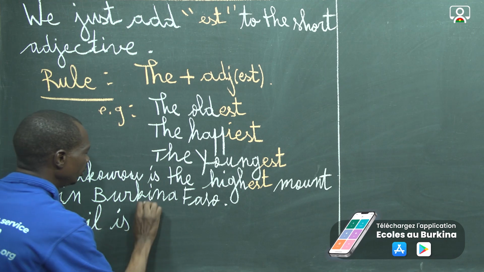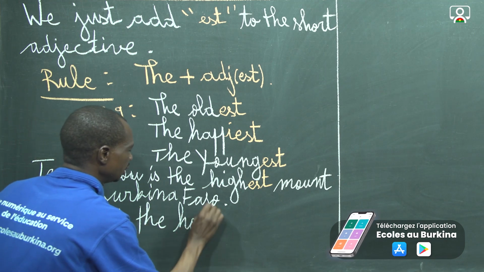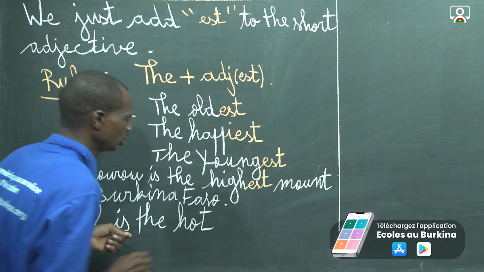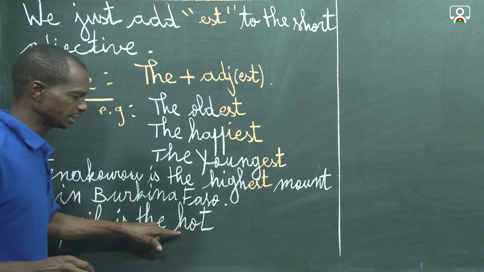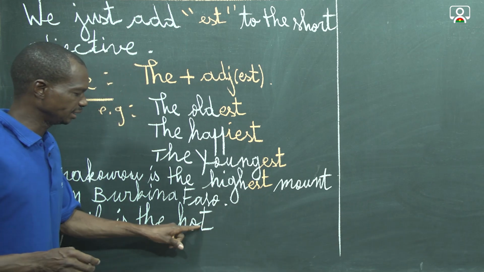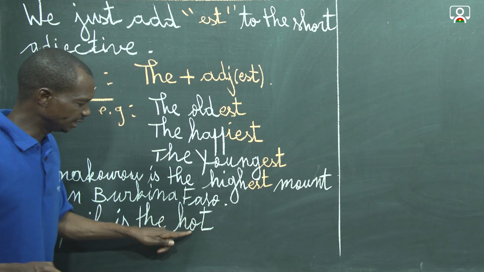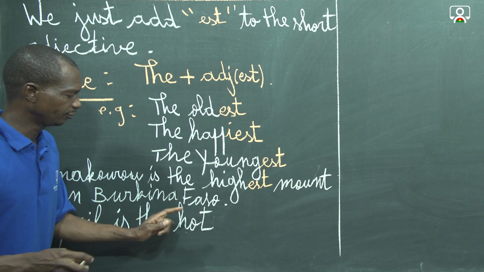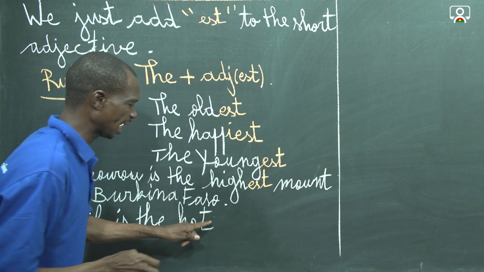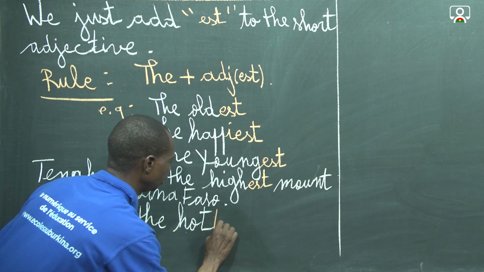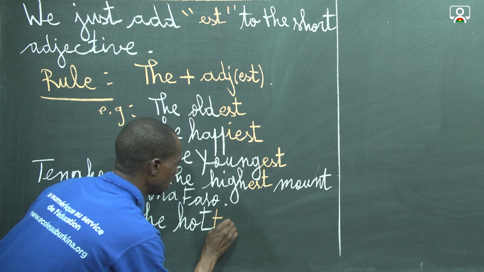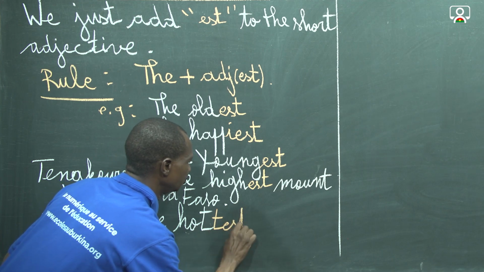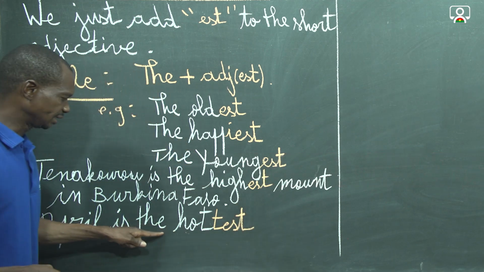April is the hottest. Here we have hot. If the short adjective ends with a consonant preceded by a vowel, we double the final consonant before we add est. So we double the t here before we add est to the short adjective.